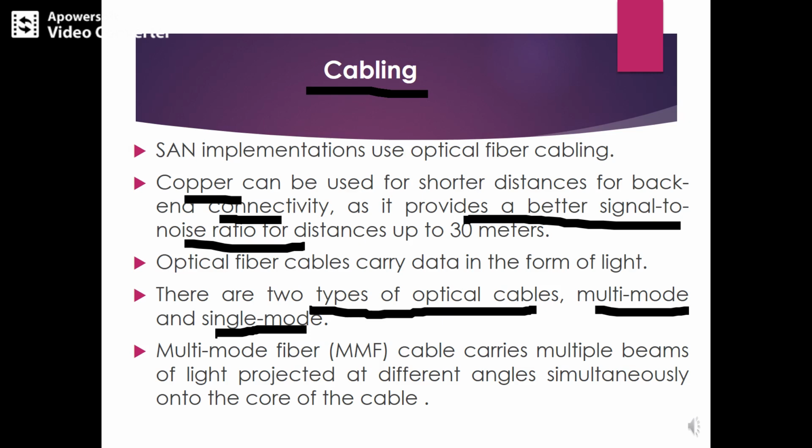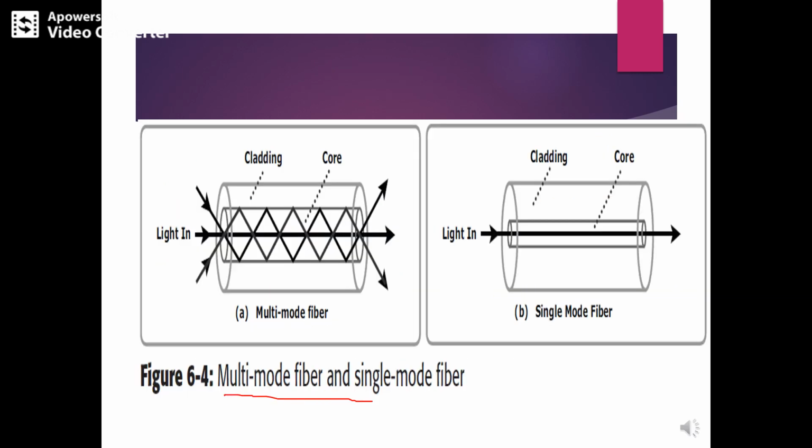Multi-mode fiber, or MMF cable, carries multiple beams of light projected at different angles simultaneously on the core of the cable. In the diagram, we can observe the two types of optical cables: multi-mode and single mode fiber cables.